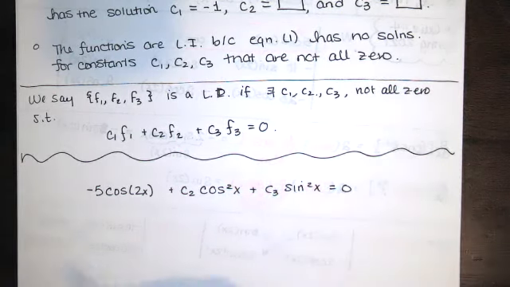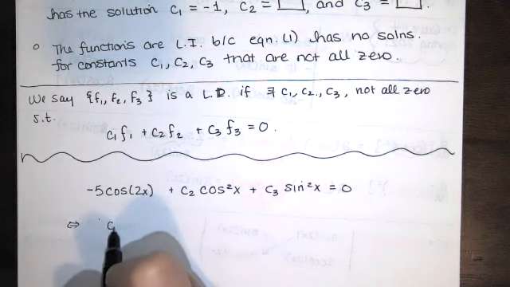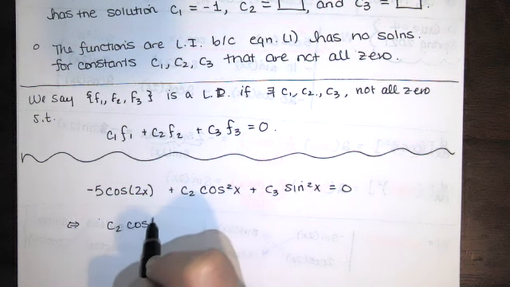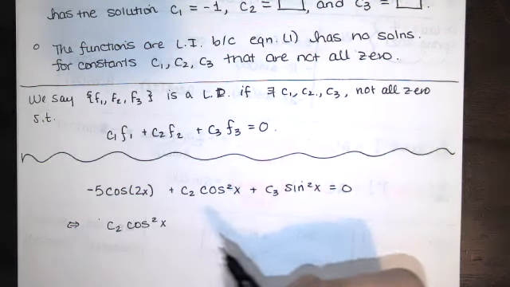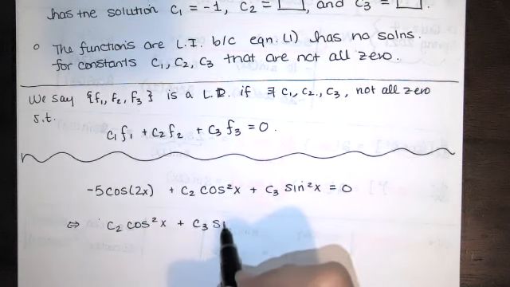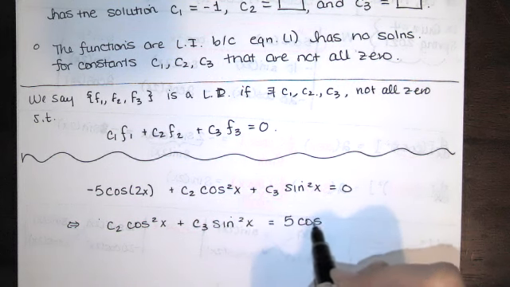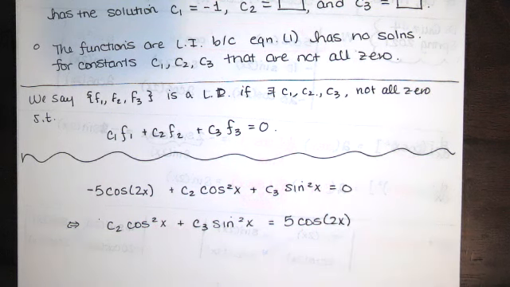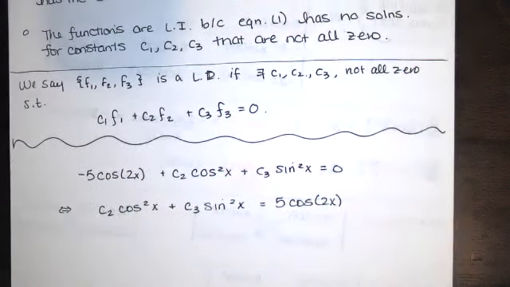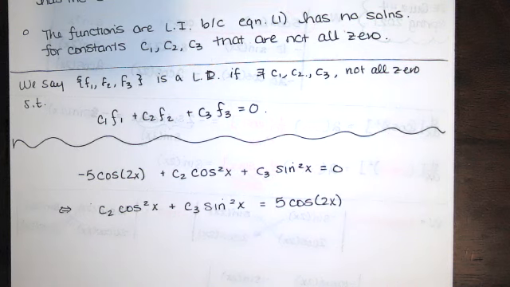Again, in keeping with that idea of redundancy, this is saying that for some constants C2 and C3, if I multiply C2 by cosine squared x, and C3 by sine squared x, that's going to give me +5 times cosine of 2x. You might say to yourself, well, how is that possible? What would the constants have to be in order for this to give me cosine of 2x?